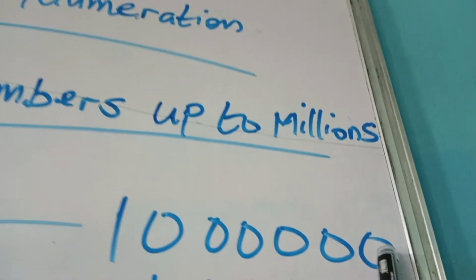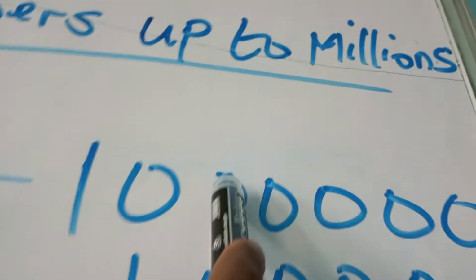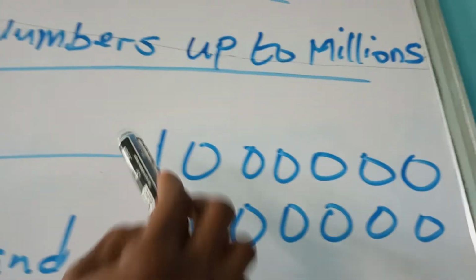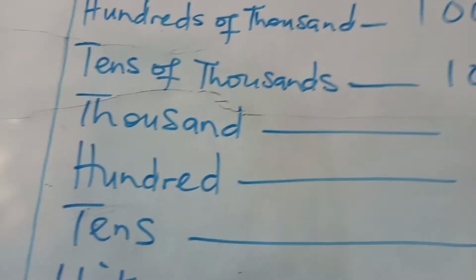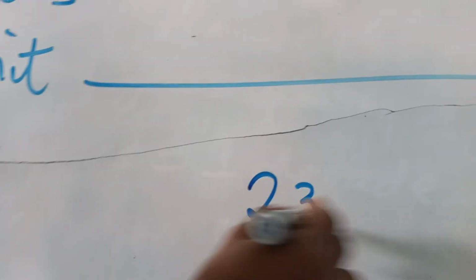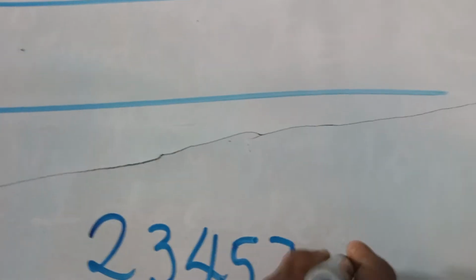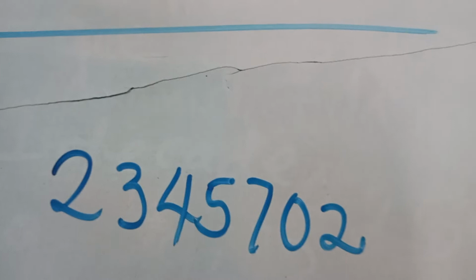Let's count. 1, 2, 3, 4, 5, 6, 7. What we have here is 1 million. So if I want to write a number like 2,345,702.